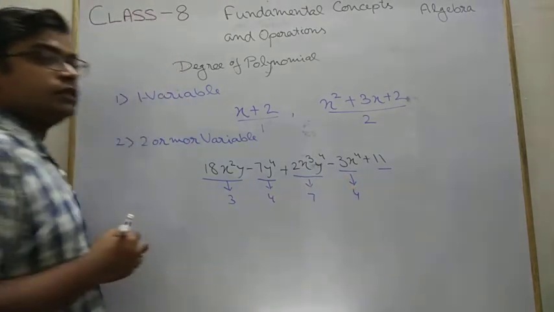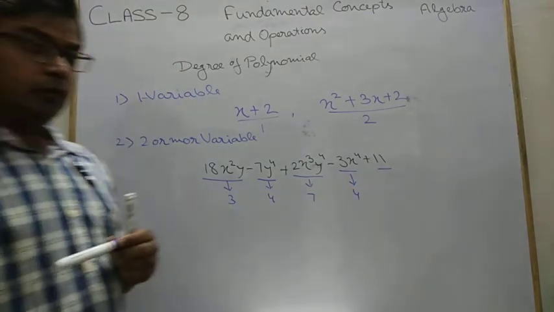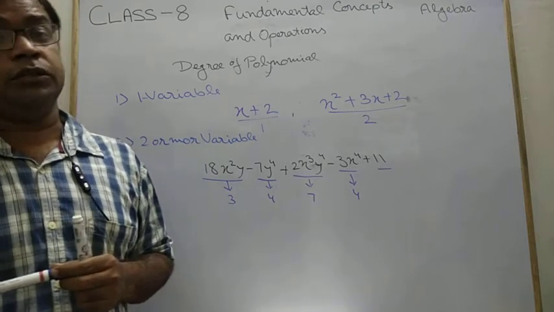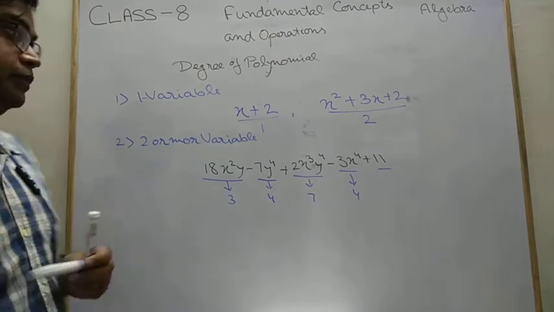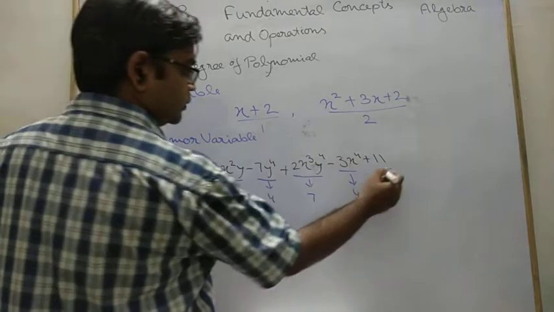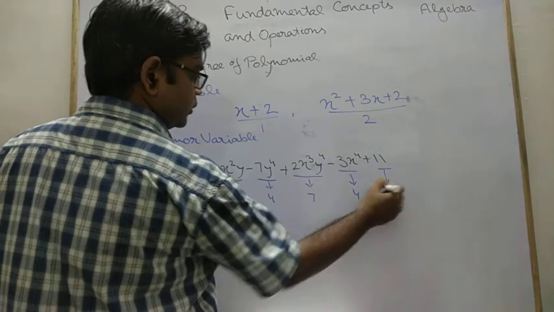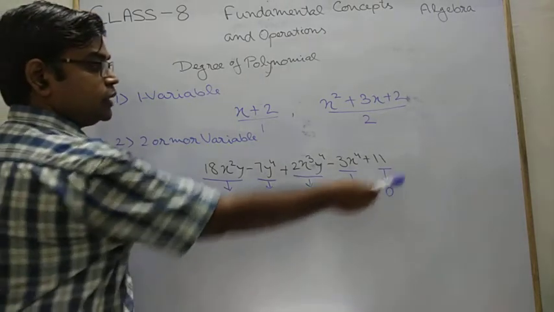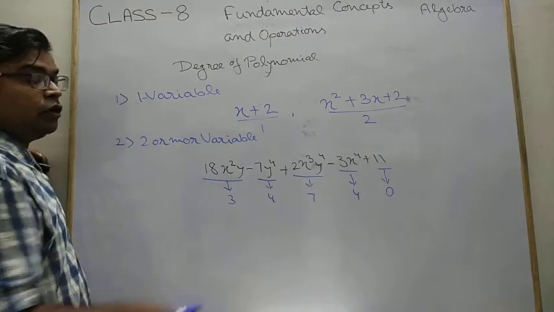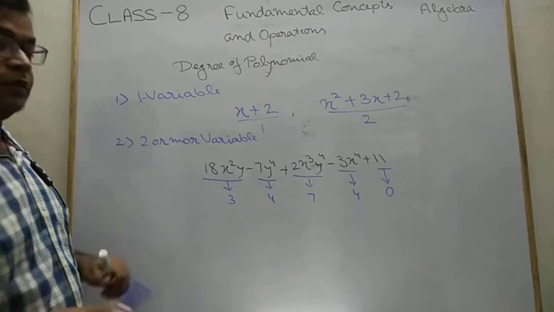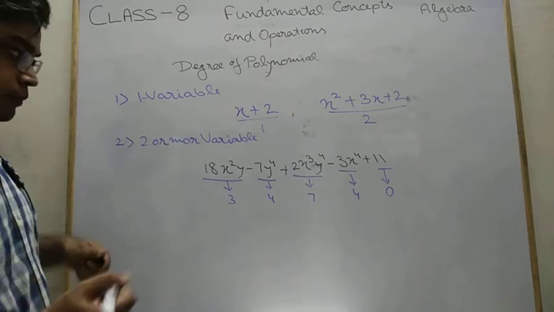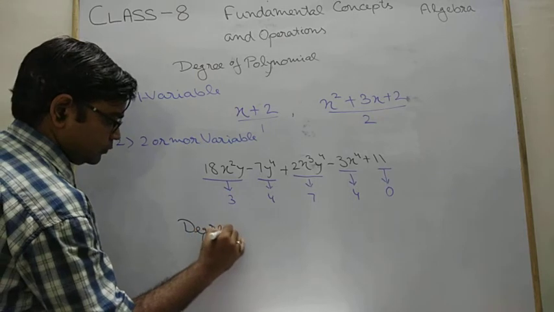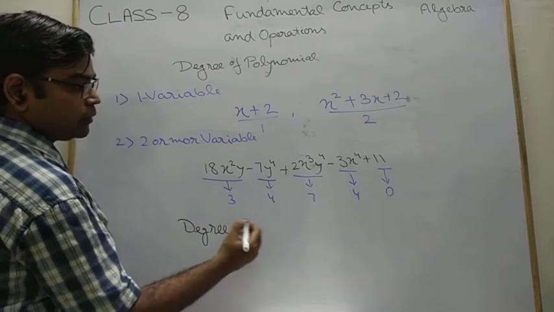Always remember that the degree of any constant term is always 0 in terms of any variable. So you must write this down. This is for the individual terms in this complete expression. Now what is the degree of this expression? We can easily write degree equals 7, the highest degree.